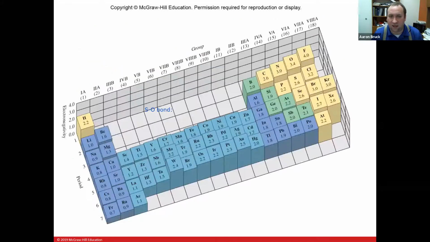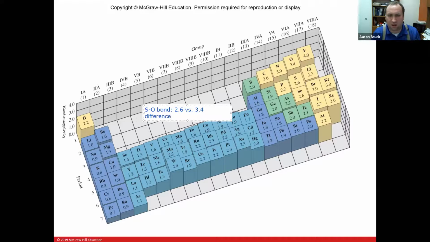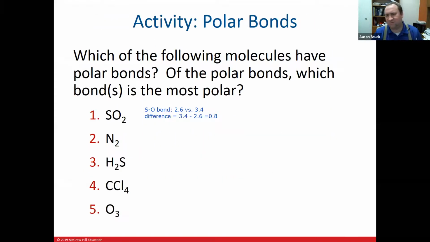I go to my scale, and I see that sulfur's electronegativity is 2.6, oxygen is 3.4. Our difference there is 3.4 minus 2.6, which is 0.8. So we're talking about a polar bond, but it's kind of in the middle. It's definitely not nonpolar, but it's definitely not ionic. Let's see how that stacks up.